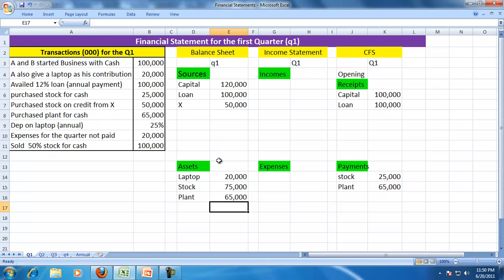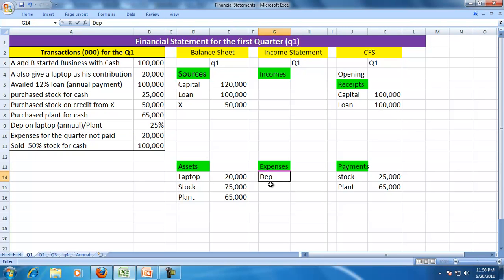65,000. Okay, and depreciation on the laptop, and we can also put depreciation on the plant. Okay, so for consistency's sake I'm using 25% per annum, and depreciation is an expense.